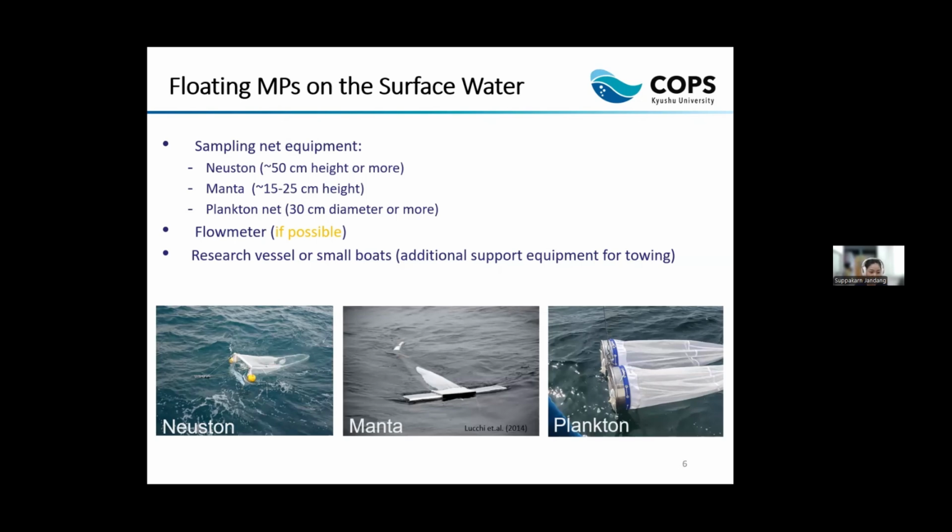But basically our center is using the Neuston net because it has an easier assembly and design, and you can put a flow meter and everything on it. Maybe we are familiar with this, but if your laboratory has one, please go ahead and do that. And I will show the reason why the net is very good for collecting floating microplastic on the surface.